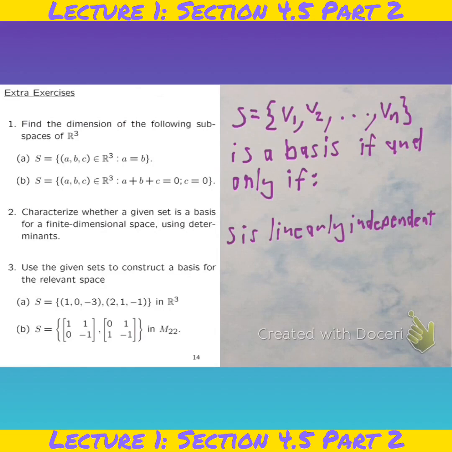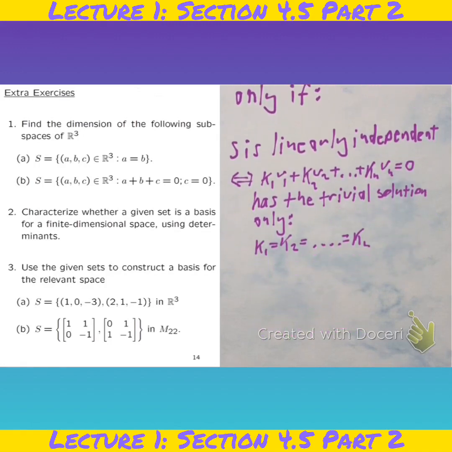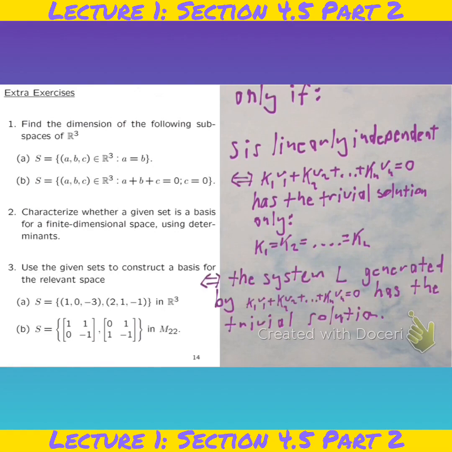Alright, and when is S linearly independent? It's linearly independent if setting up that equation only has the trivial solution. And the only way that can happen is if the system L generated by this equation, the one we talked about just now, has only the trivial solution.